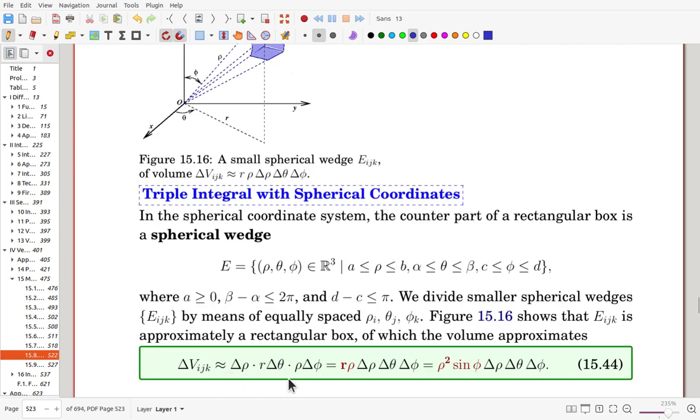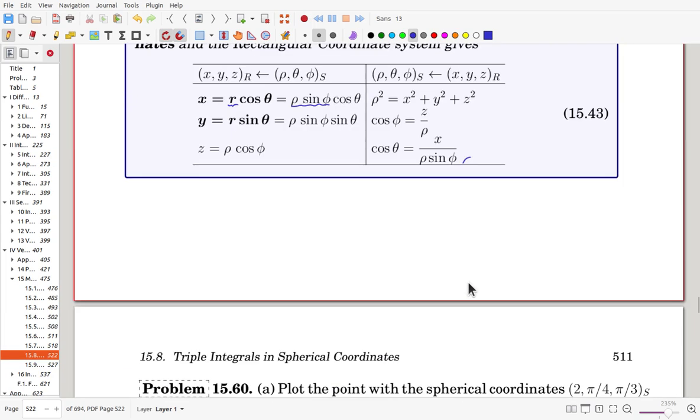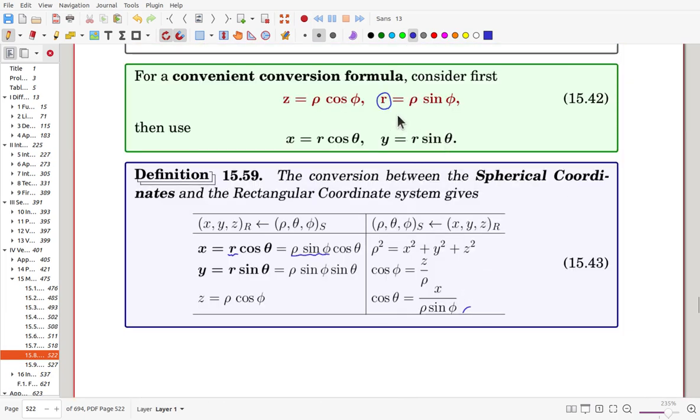So we have that, and we can rewrite it in this way, with r and rho, but r, we know, is rho sine phi. We considered this as an intermediate variable. R is rho sine phi.